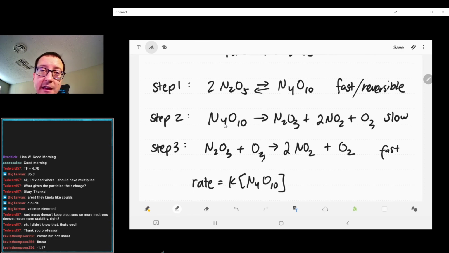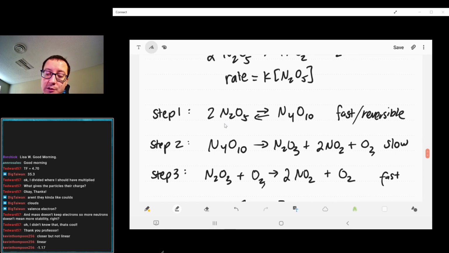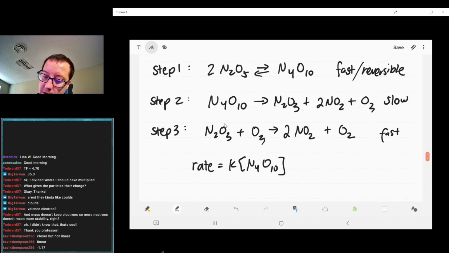Let's see if there's a way we can mess with our fast and reversible one to make this happen so that we can get this equal to our experimental rate law. So, does this equal?